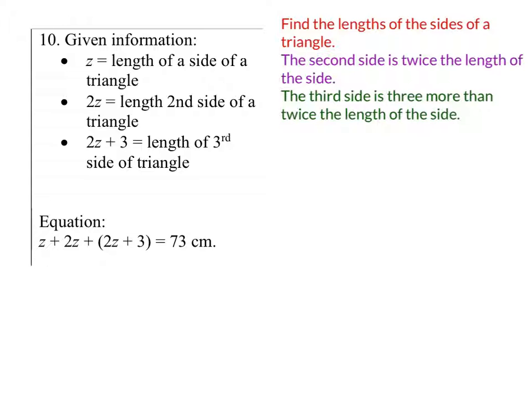And then for the equation, the sum of the sides is, how much was it? 73 centimeters. All right, so we have all that information in our story now. All we got to do is solve the equation, and then we'll have to figure out the lengths of the other 2 sides as well.